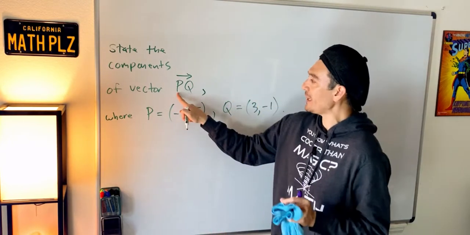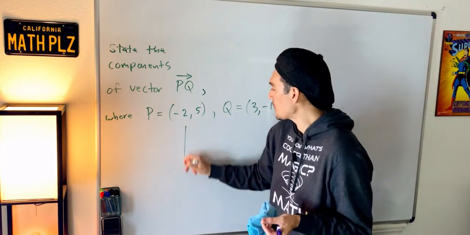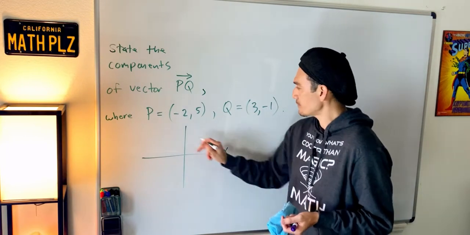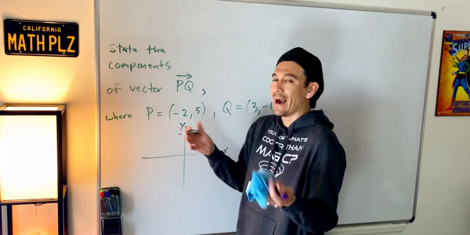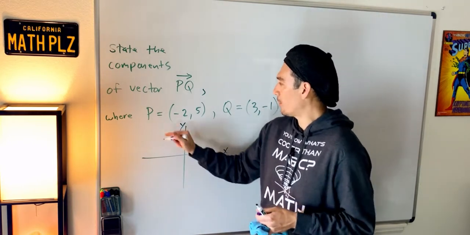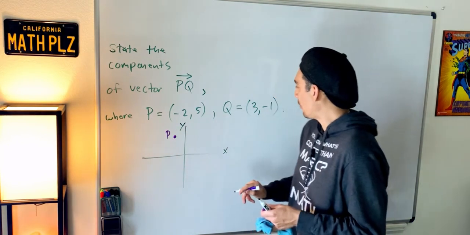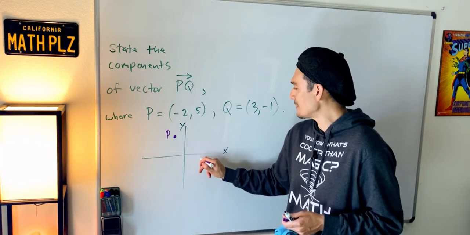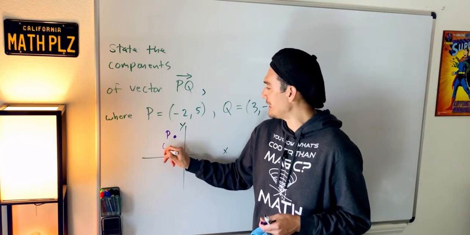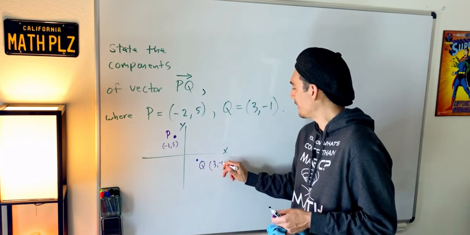We begin with P and we end at Q. It could help to go to the X and Y axes. You don't need perfect graph paper, just make a rough sketch. Point P is right there, and point Q is somewhere right here. This one is at (-2, 5), and this one is at (3, -1).